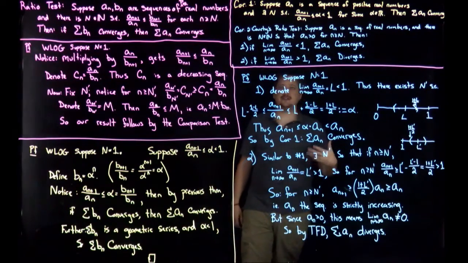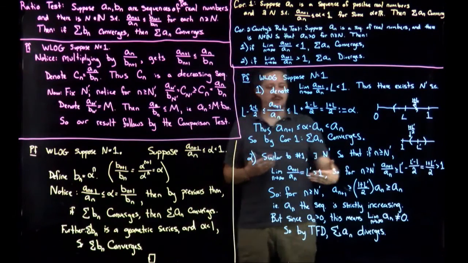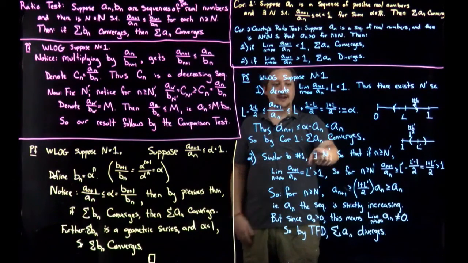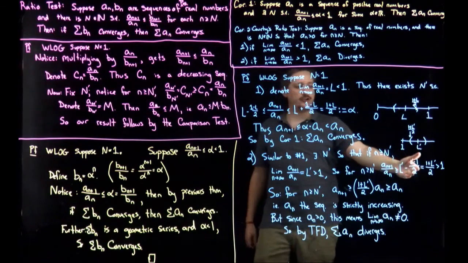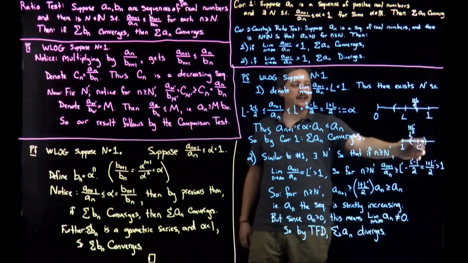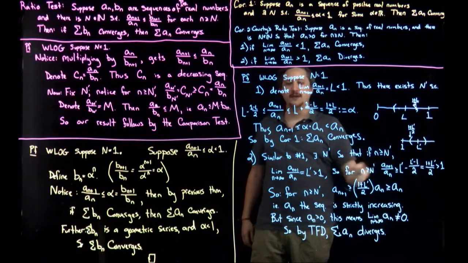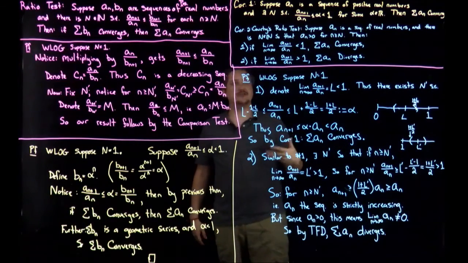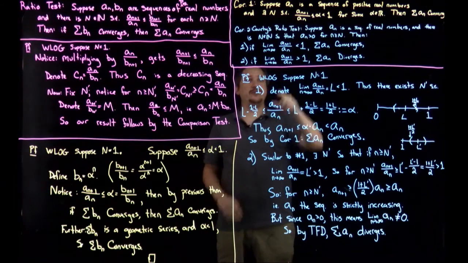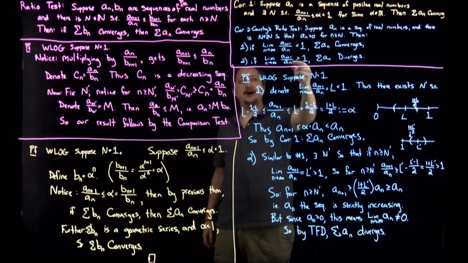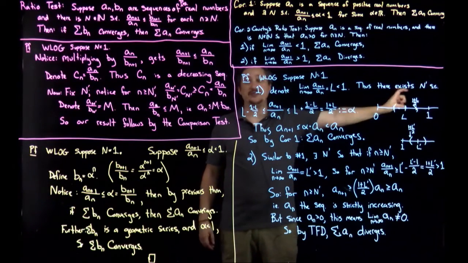For the second one, I did something similar where I took a deep enough, a big enough value, n prime, so that if I took something bigger than that, the epsilon I chose guaranteed that I landed in an interval that was strictly larger than 1. Meaning that if the limit is strictly larger than 1, then the top is strictly bigger than the bottom, meaning that I get something that is increasing.